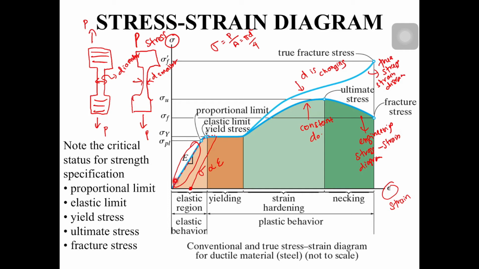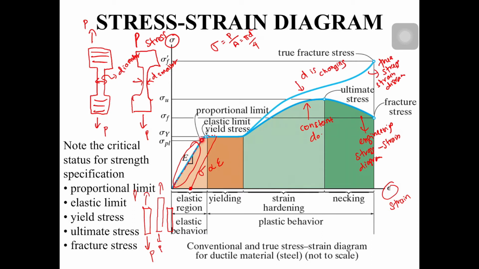When you give the specimen a certain sigma or force until this point, and we release, it will return to this point like a spring. You have a specimen, you pull with P, and it will elongate some more, and then we release, it will return to the original state. Okay, this one is for elastic.